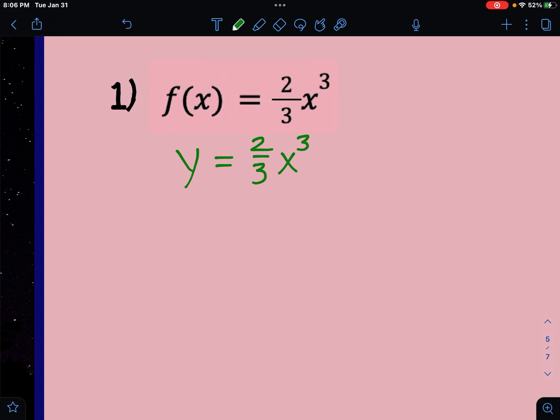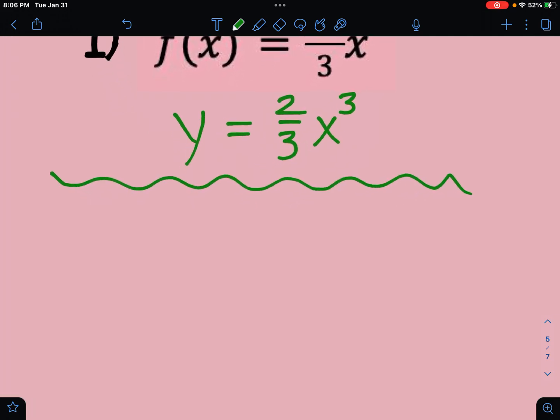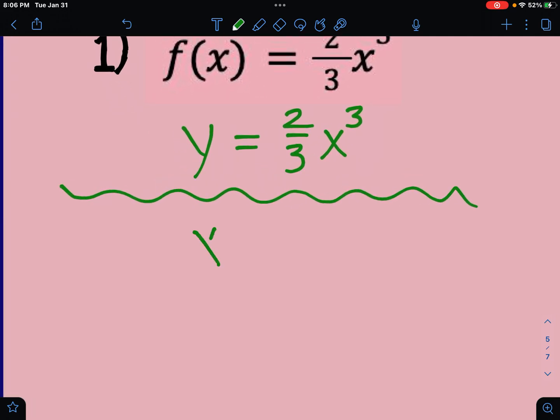My next step, I like to draw a squiggle line before this next step. My next step is to switch x and y. You just switch them.